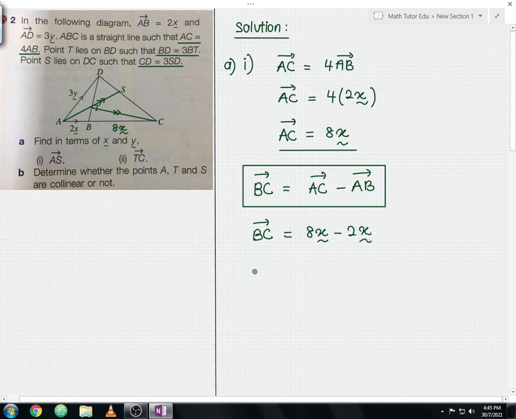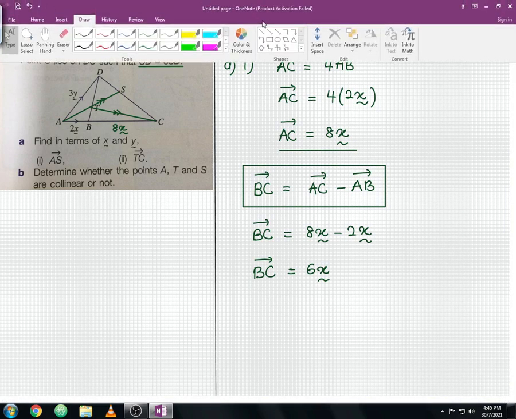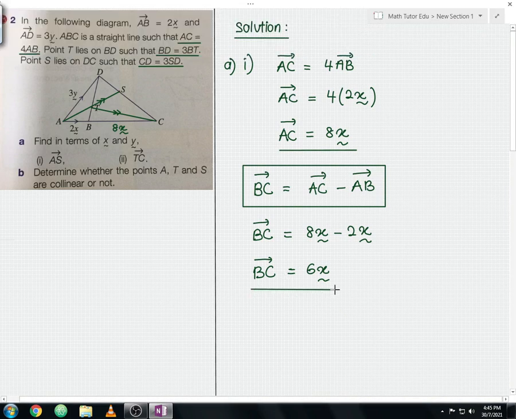So from here you should get your vector BC is equals to 6x. So this 6x I'm going to underline, and then later on I'm going to include in the diagram as well. Okay, so let me underline this. In order to prevent confusion, what I'm going to do is I'm going to pull a line and mention here 6x.